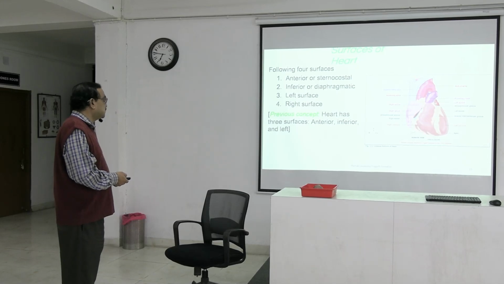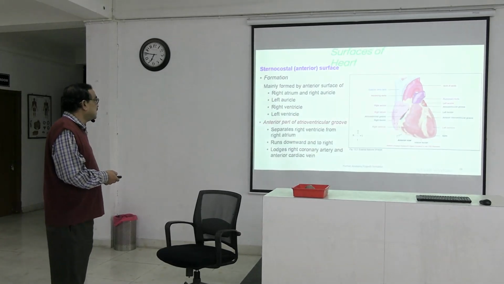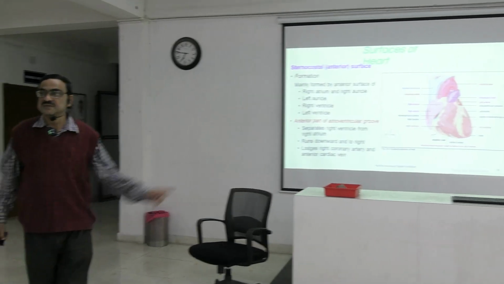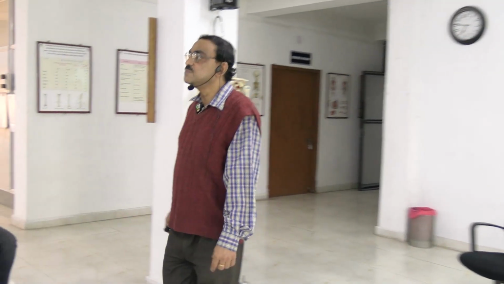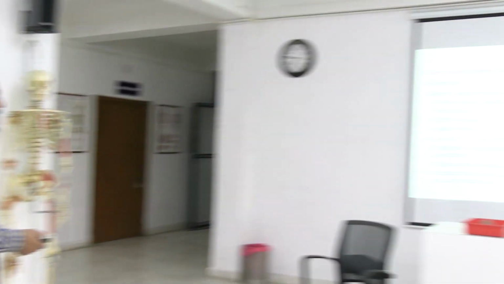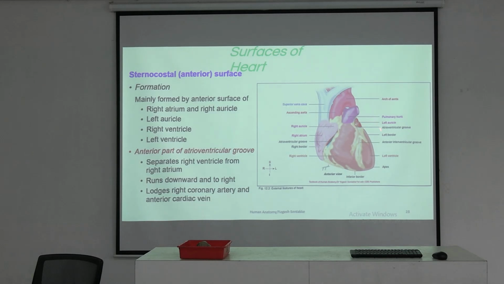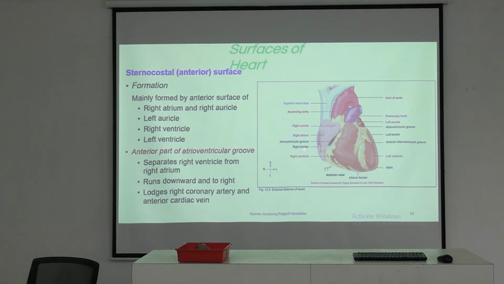So, there are so many surfaces. Now about the sternocostal surface, you can see it is majorly contributed by the right ventricle and a small part by the left ventricle, and we can see the right atrium also, as well as this tongue-shaped area called the right auricle.